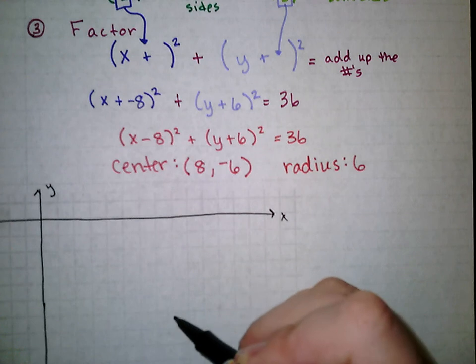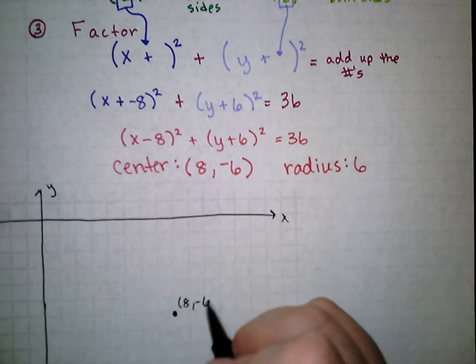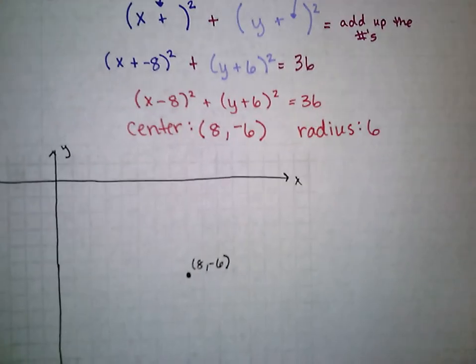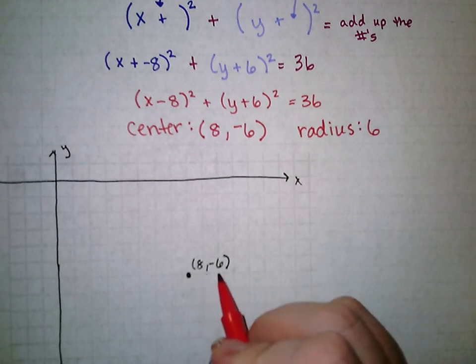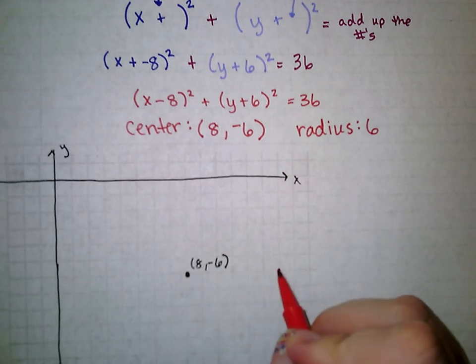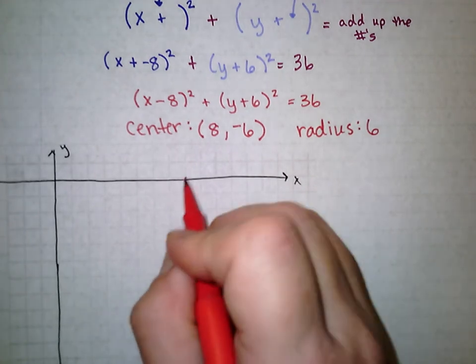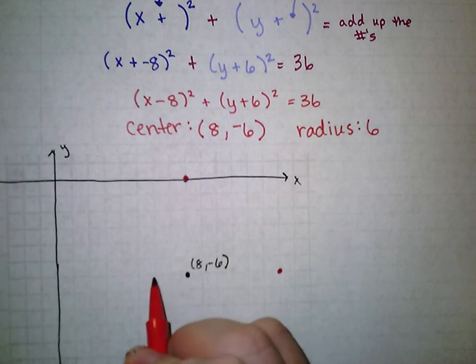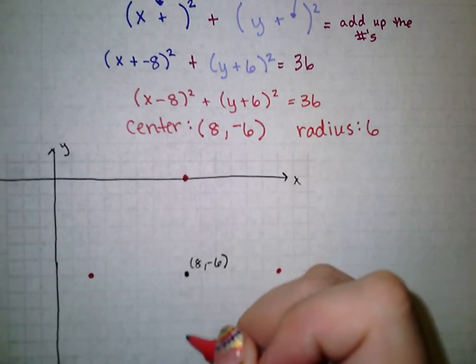Okay. There's my center, 8, negative 6. And then to graph that radius of 6, I'm basically just going to go from my center. I'm going to count to the right 6, put a dot. I'm going to count up 6, put a dot. I'm going to count left 6, put a dot. And down 6, and put a dot.